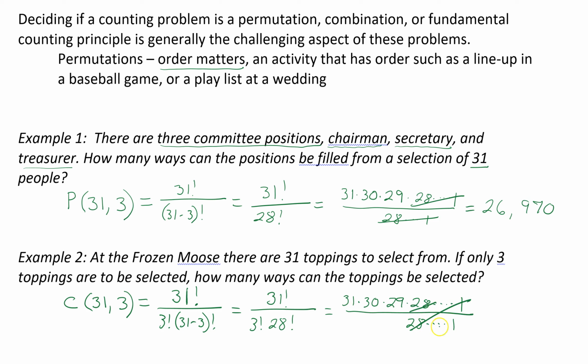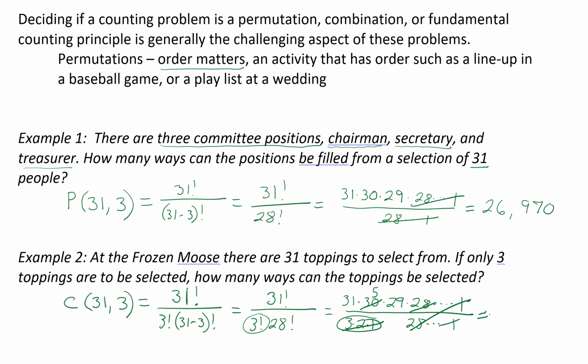But there's also other factors that are going to reduce out, or at least be reduced. And that's because we have this 3 factorial. 3 factorial is 3 times 2 times 1, or 6. And this 6 can reduce with the 30 to make that a 5.